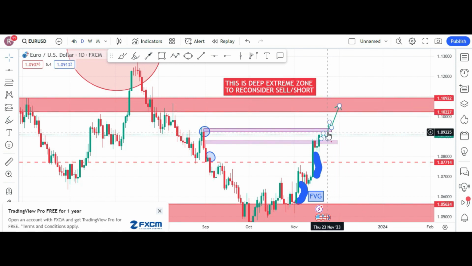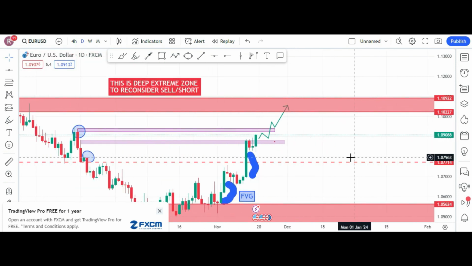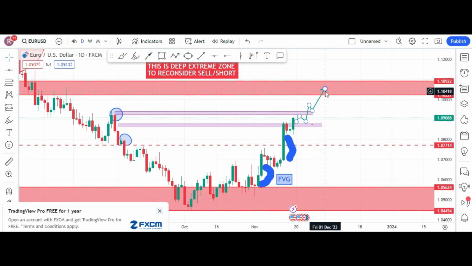So before that, this is the place, mainly around 1093 or so. This is the place where the price will be tested. The probability of going high, I mean being bullish, is much higher at the moment, considering the price action here.